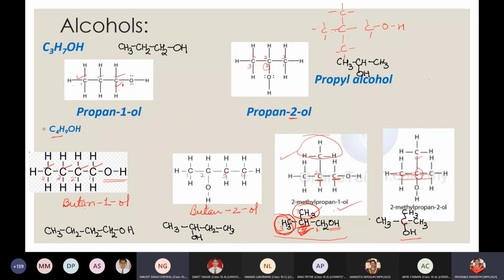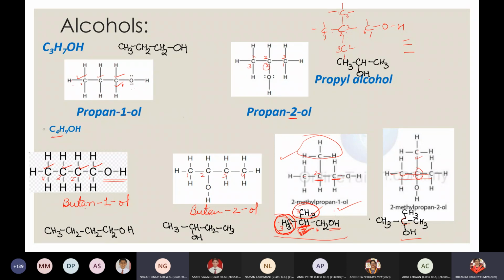Now, when we talk about naming here, we are going to have the longest chain either 1, 2, 3 like this, or 1, 2, 3 like this, or like this. The longest chain will be of 3 carbon atoms. So meth, eth, prop. Prop will be the root word.